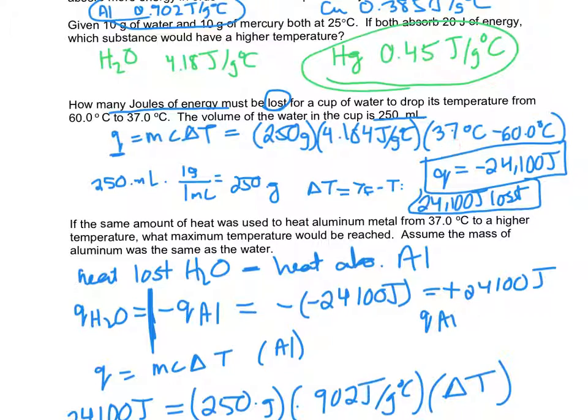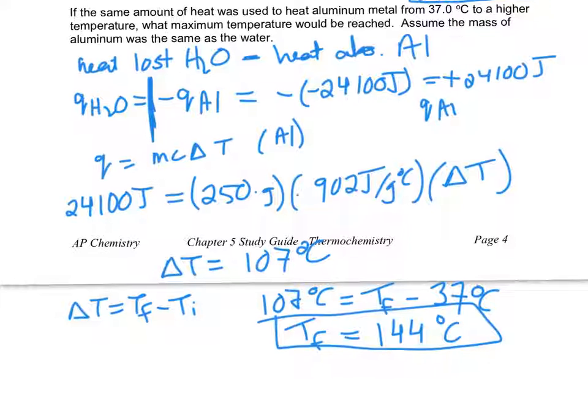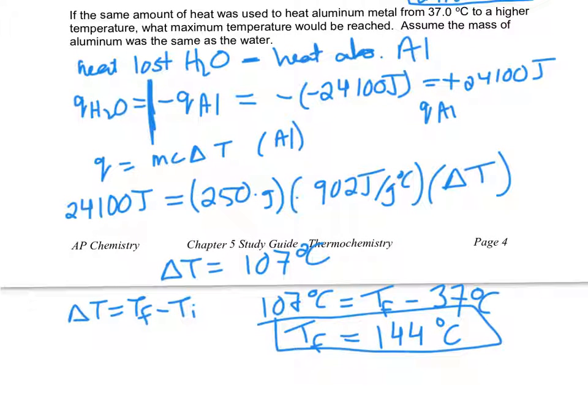That same amount of heat changed the aluminum from 37 Celsius to 144 Celsius. That's more than 100 degrees. Now they were the same amount, same 250 grams. So what's the main difference? It's the specific heat capacity. The specific heat capacity for water is much, much higher than the specific heat capacity for aluminum.